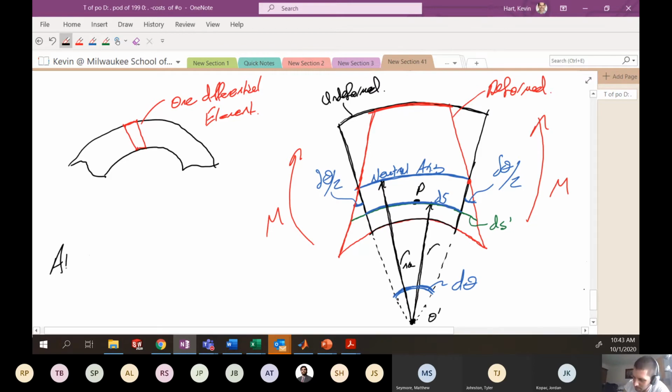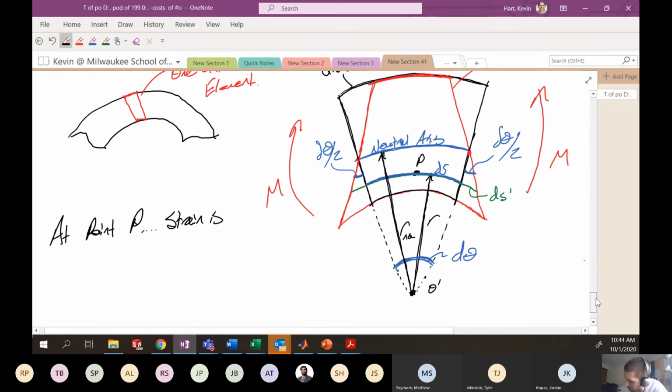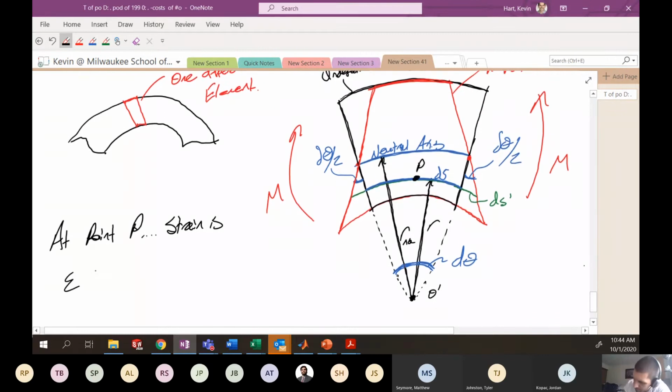So at point P, strain is the original length minus the deformed length over the original length. All right.